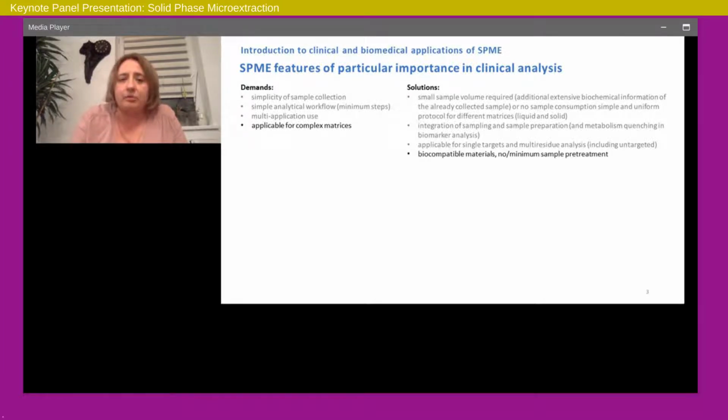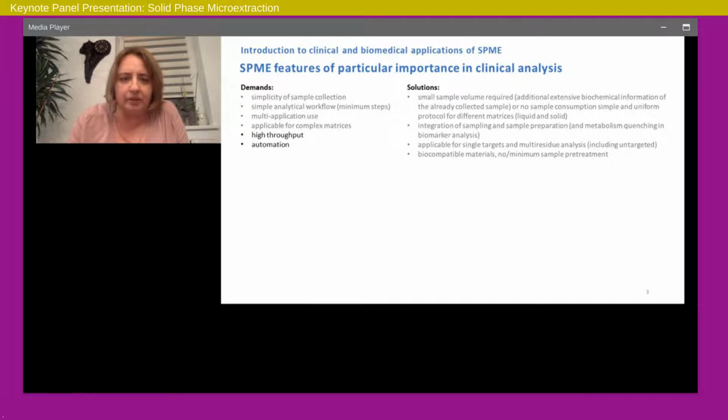So as Janusz mentioned, and I also already mentioned in my part, we have biocompatible materials which we use for production of the fibers. And basically we don't experience any matrix effect later on. We are eliminating large molecules from the system, and the matrix components do not attach to the fiber.